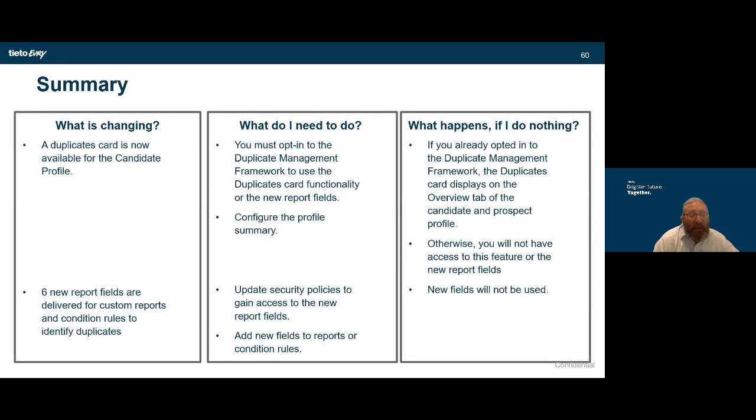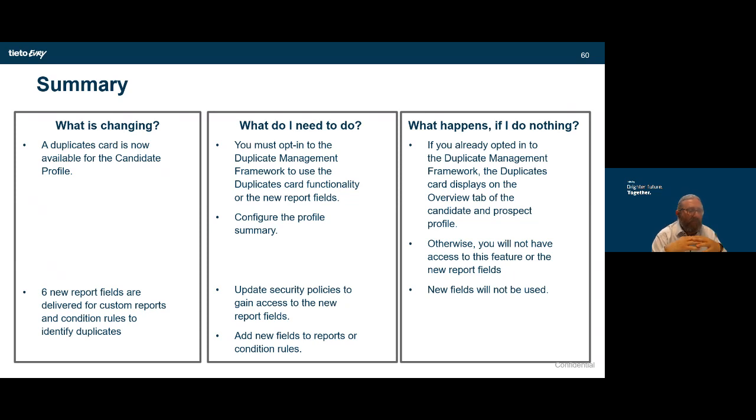So in summary, we now have a duplicates card that we can add to candidate profiles and so on, and we've got 6 new report fields. We're going to need to opt in to the duplicate management framework and configure our profile summary. And then, of course, we need to update security policies for the new fields.